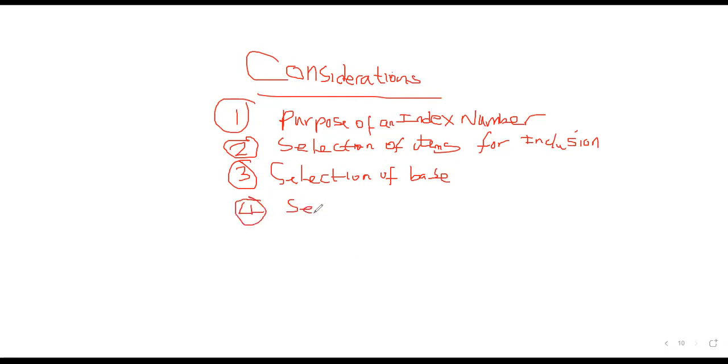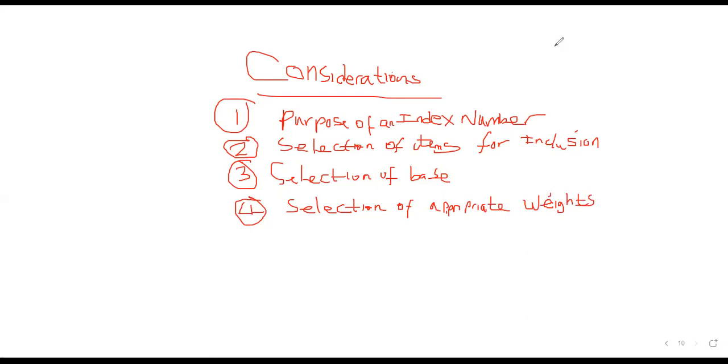So this is what we actually consider as we look at index numbers. These are considerations, please.